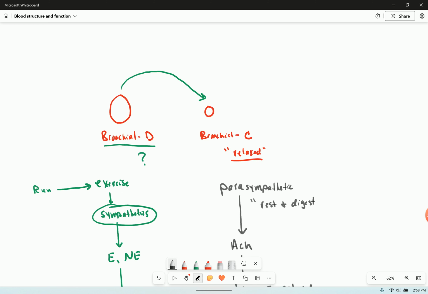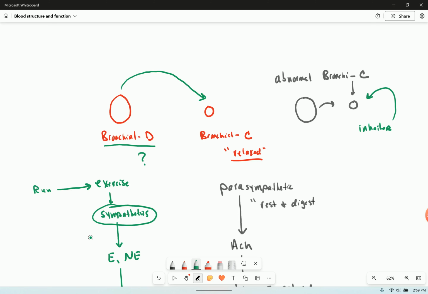All right, if there is a medical condition, so abnormal bronchial constriction, so we went from this nice open tube to a closed tube because of asthma or some other condition, and you take an inhaler, what you're taking is a sympathetic medication.